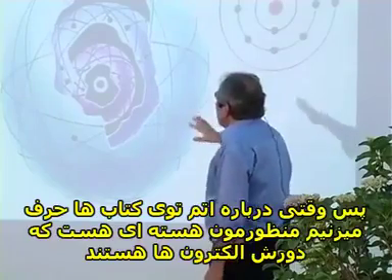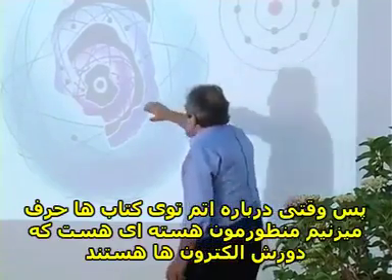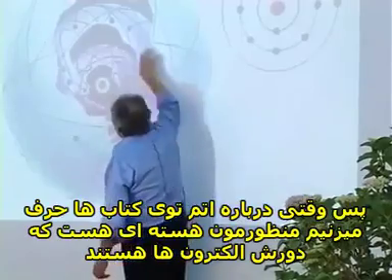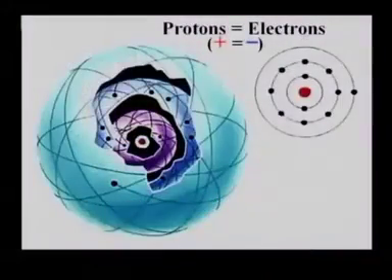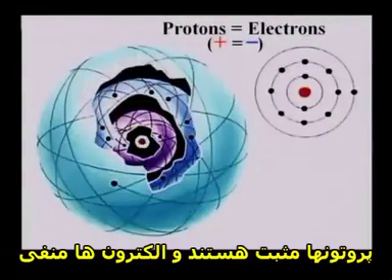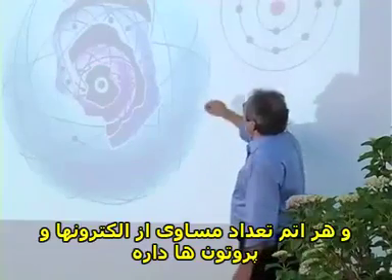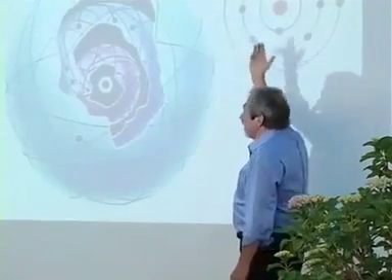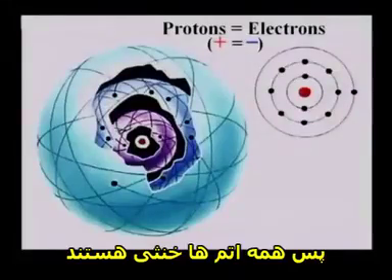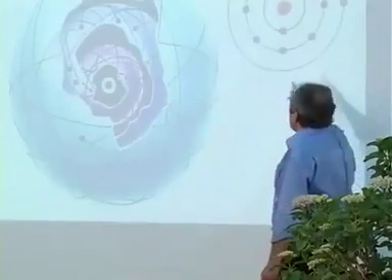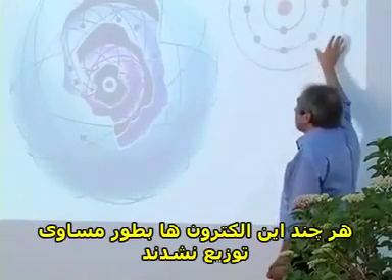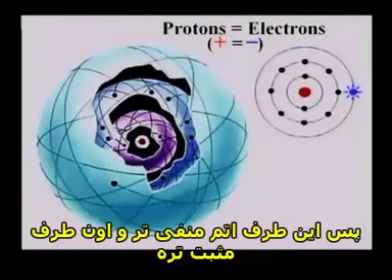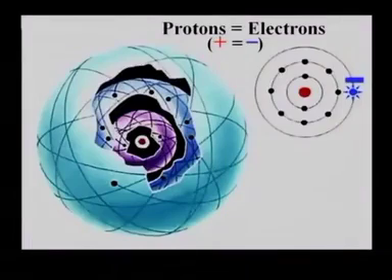So when we talk about the atom in a textbook, we have the nucleus and the electrons in shells. The protons are positive and the electrons are negative. And every atom has an equal number of protons and electrons. So every atom is neutral. However, the electrons are not equally distributed, so that on this side of the atom, it's more negative, and this side more positive.